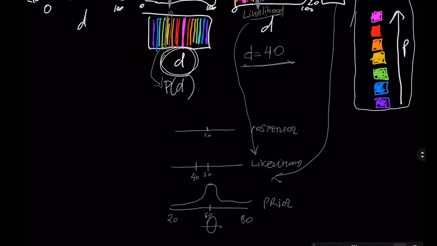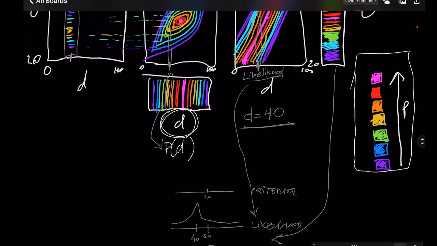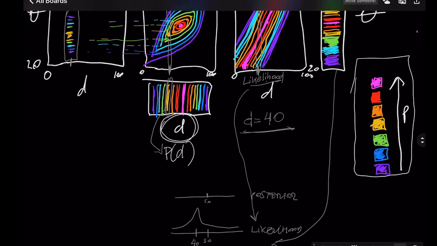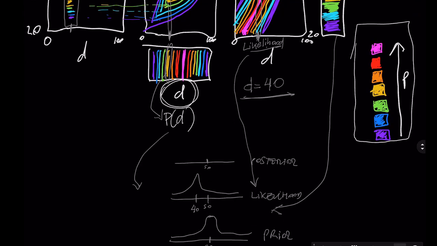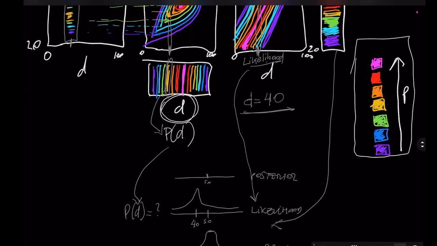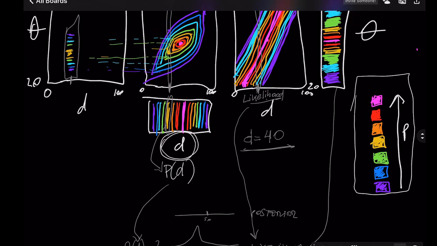Why is that? Because we observe the data being 40, and in the probability of the data given parameters grid, the second from the right, if you see the column that corresponds to 40, then the parameter value 40 is the most likely.